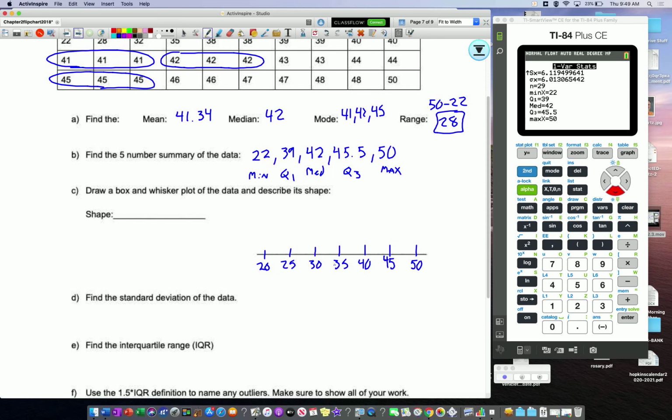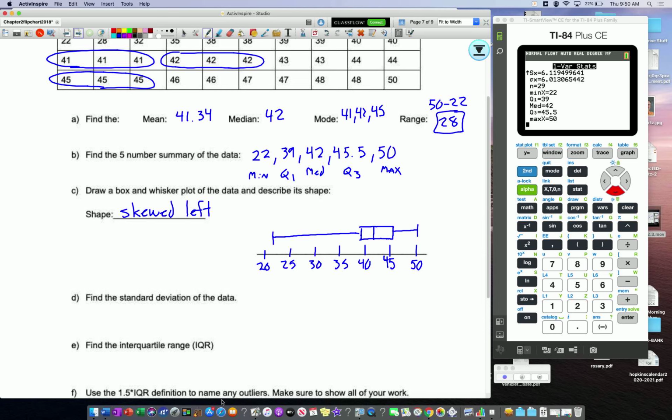All right, so 39 to 45 and a half, just a little bit past 45. 42. Then I go all the way down to 22 and then to 50. So this one's easy to see that this one is skewed, and the direction it's going to is to the left because it's going to the left side.